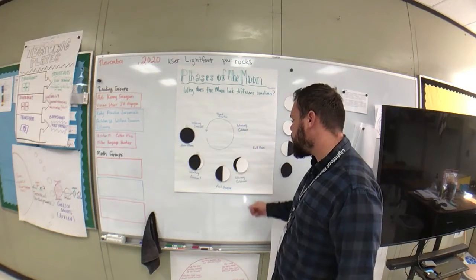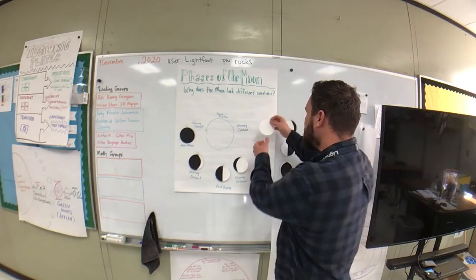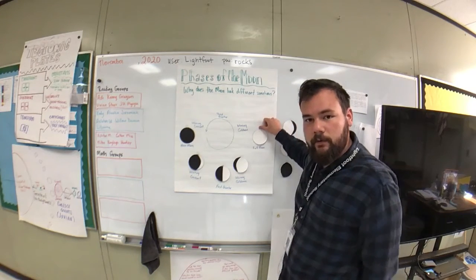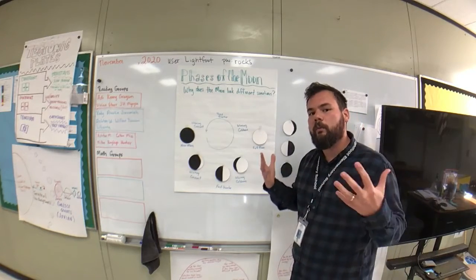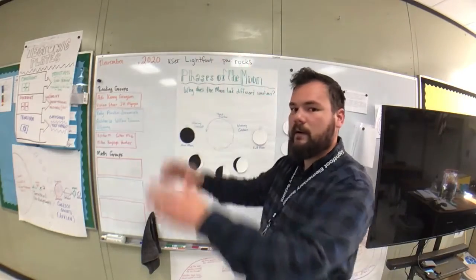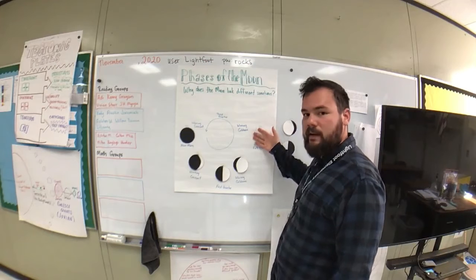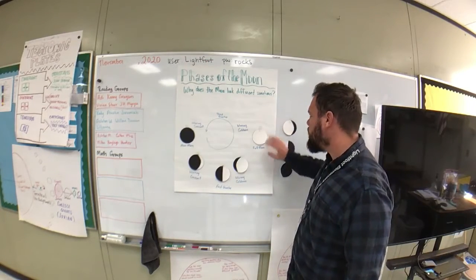It's not a perfect circle yet. We don't get to a perfect circle until we see a full moon. Now again, we're thinking that we're seeing the whole moon, but really we're only seeing half of the moon, the half that's facing us here on Earth. But we can see as much of the moon as possible from one angle when it is a full moon.